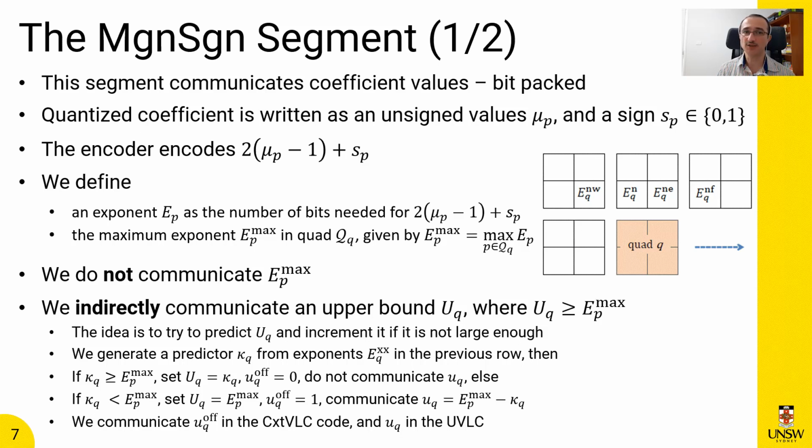If kappa is larger or equal to Emax, then we set capital U to kappa, and signal the absence of small u from the byte stream by setting u offset to 0. Alternatively, if kappa is smaller than Emax, then capital U is set to Emax, u offset is set to 1, and we communicate small u, which is the difference between Emax and kappa.